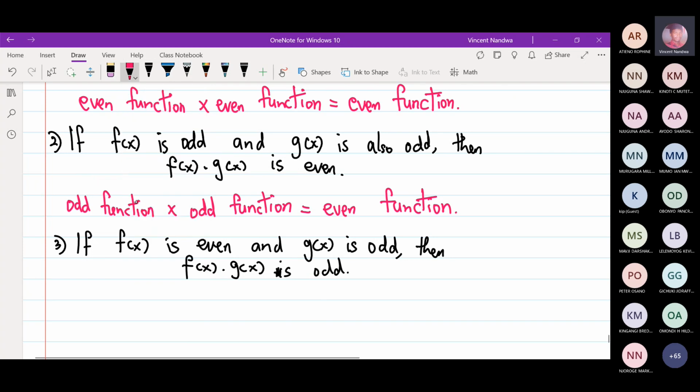So that's to say, an even function times an odd function always produces an odd function.